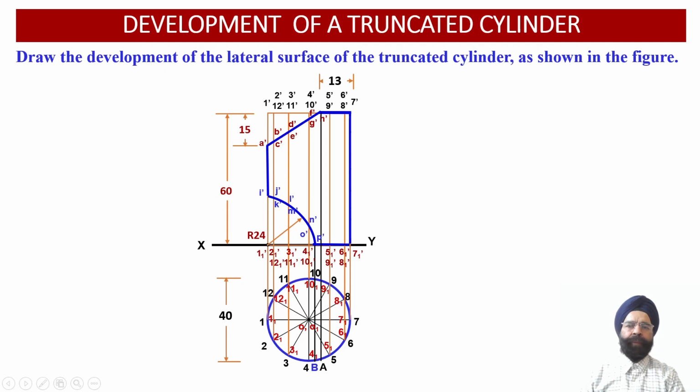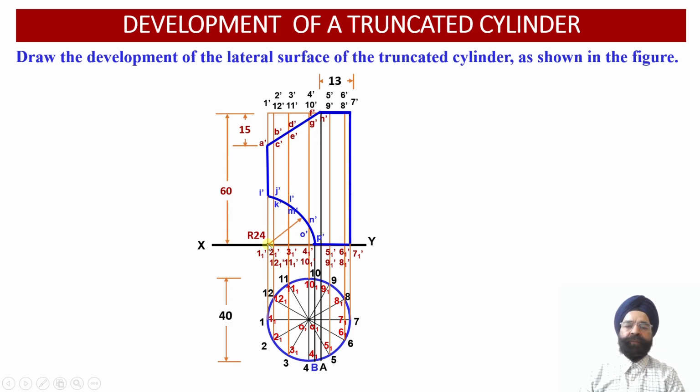Now here we have been provided with a truncated cylinder which has been sectioned by two cutting planes. The cylinder has a diameter of 40 millimeter, is resting on its base in the upright position, and its height is 60 millimeter.